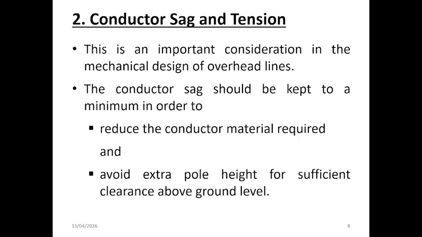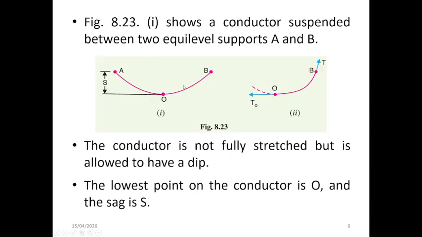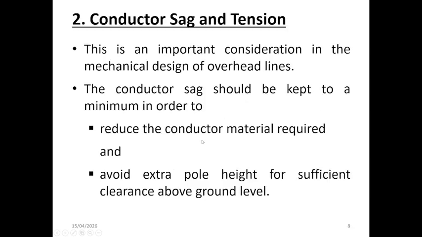From an economic perspective, minimizing sag helps reduce the amount of conductor material required, and therefore lowers cost. So if we can reduce this sag, for example, up to here, it means that our conductor material will be reduced. This is very obvious, right?